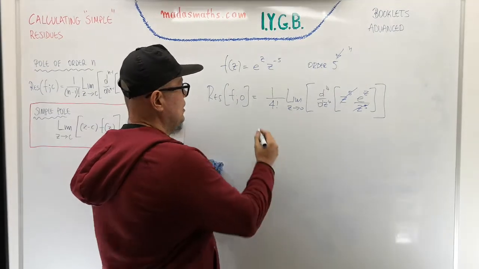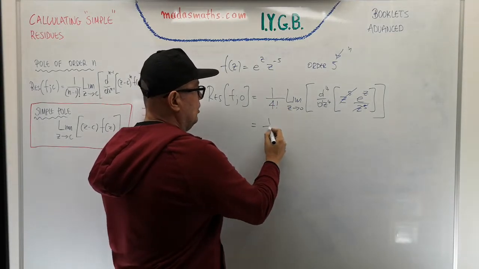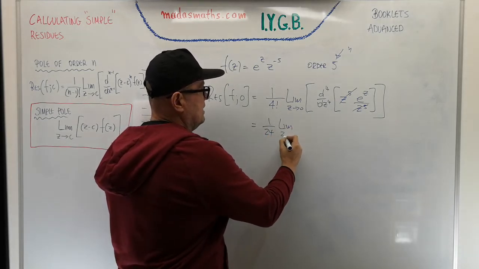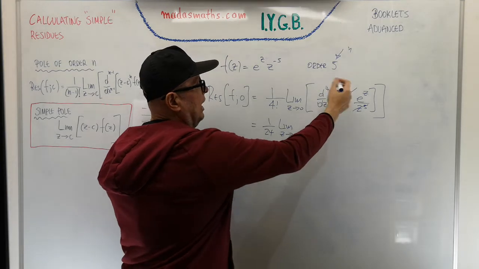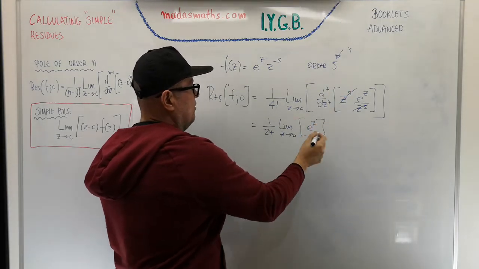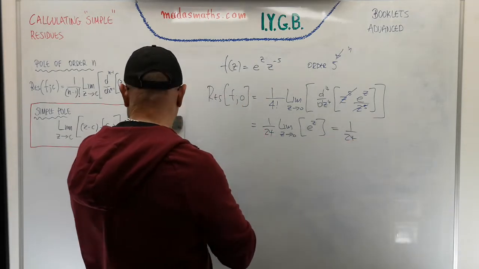We don't really care. So the answer is 1/24, again, because 4 factorial is 24, and of course the limit as z tends to 0 of e to the z, basically, which of course will give us 1, and that is 1/24 as before. So exactly the same answer.